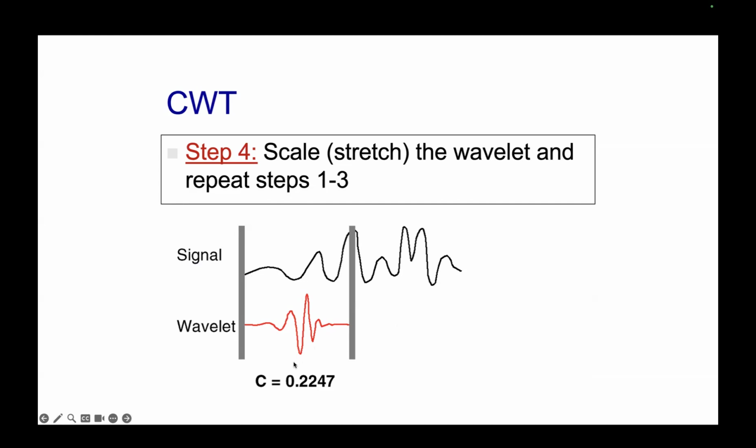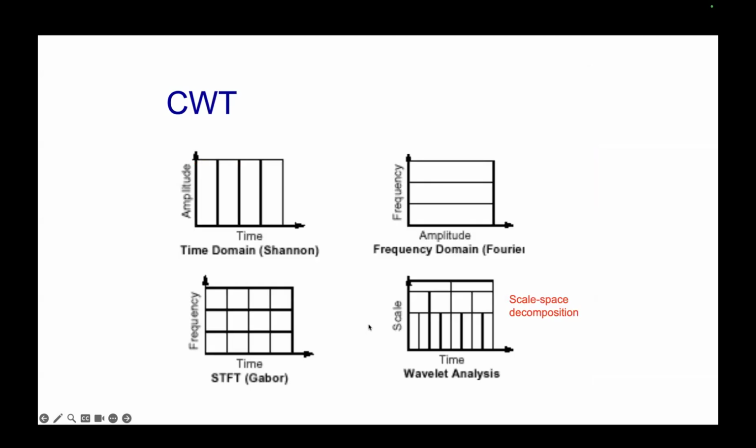So we only get two coefficient values because after two, the signal is finished, right? Now, if I scale this wavelet and the length of this wavelet is half of what it is right now, we'll be able to fit four wavelets in the signal. So we'll get four coefficients. And that is exactly what's happening here. So we have first two coefficients for the lowest scale, then we have four coefficients, then we have eight coefficients.